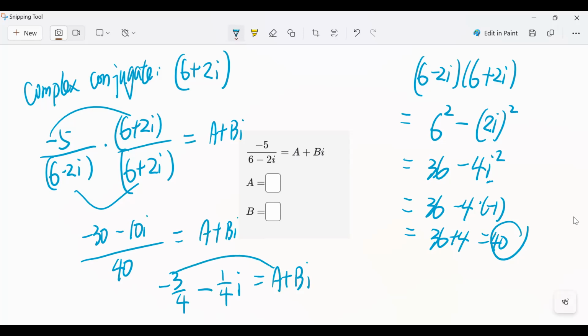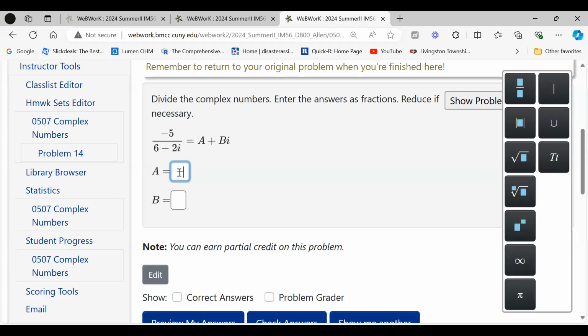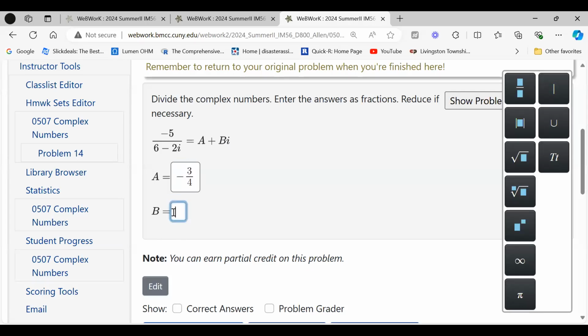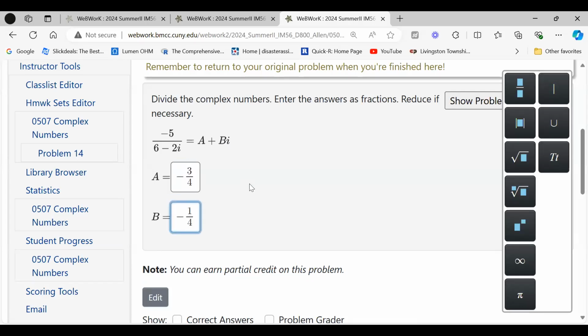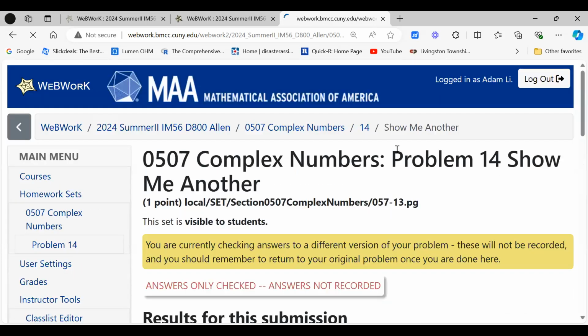Now a is minus 3/4, b is minus 1/4. Any question about this? Minus 3/4, minus 1/4. So that should be good.